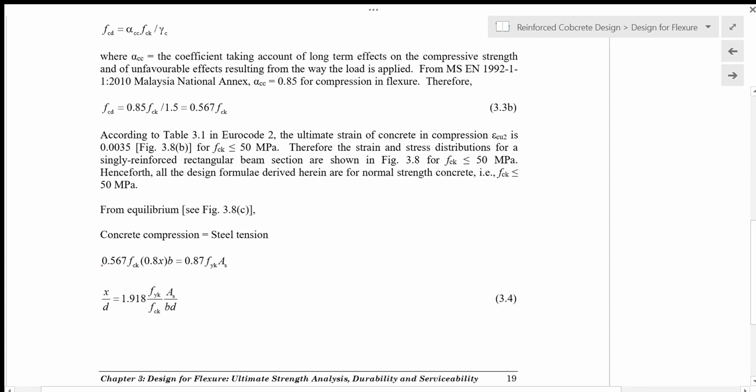So we equate the concrete compression, which is 0.4536 fck bx, and the steel tension, which is 0.87 fyk As. If we arrange the term of x over d on the left hand side, then the right hand side will look like this, which is 1.918 fyk over fck As over bd.